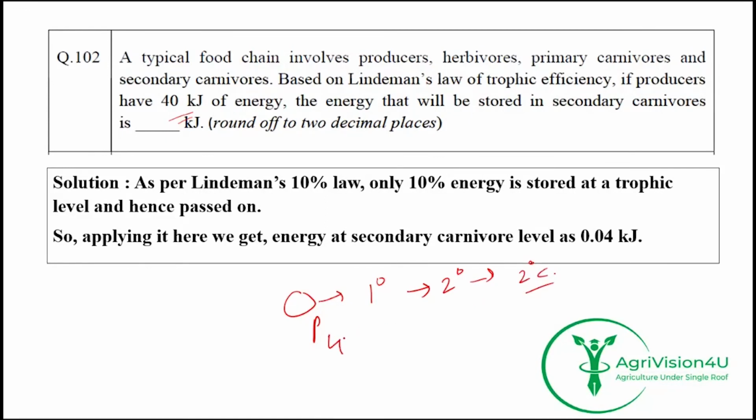So here we have 40 kilojoule of energy, and we know that Lindeman's law is the 10% law, in which only 10% of energy goes to the next trophic level, which is stored and passed on to the next trophic level. So if we apply this 10% law, we get like this.